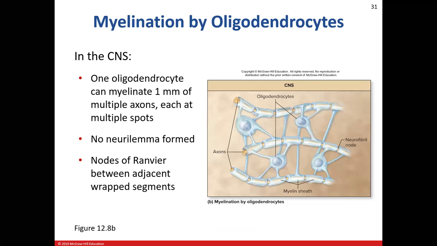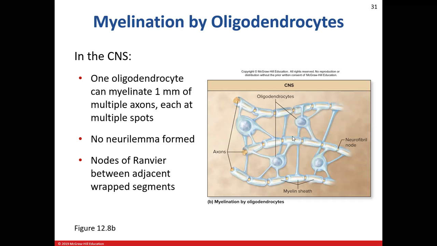If we look at the oligodendrocyte in the CNS, this is an image of our oligodendrocyte, and you'll see the feet here as it extends out from the cell body onto the axons of these particular neurons. And it'll do the same thing.